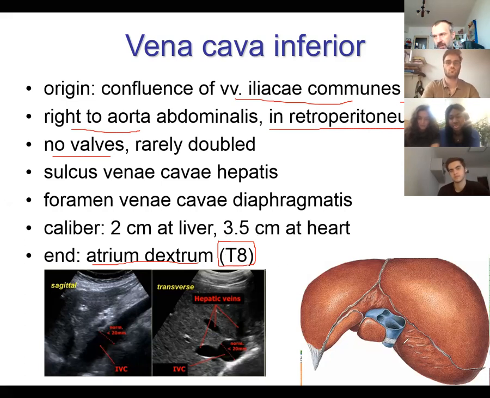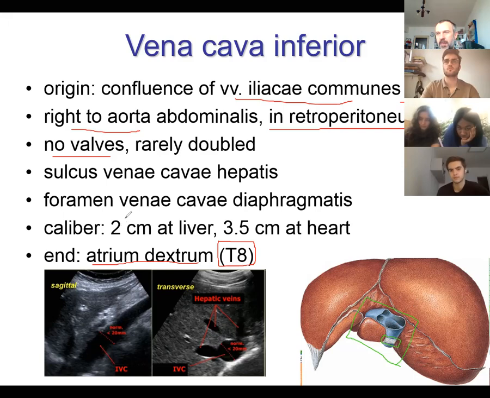But what is important, we find it dorsally to liver and even a bit inside the liver. Yeah, it's impacted in this groove. There is a small ligament here in this groove, and of course it drains liver.